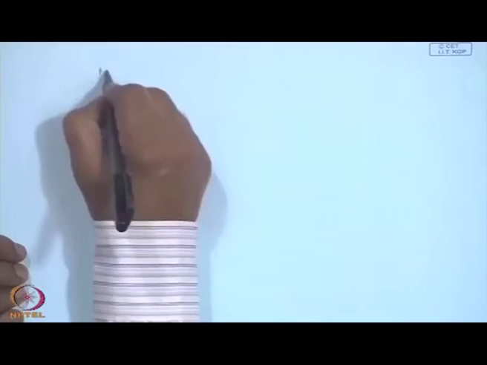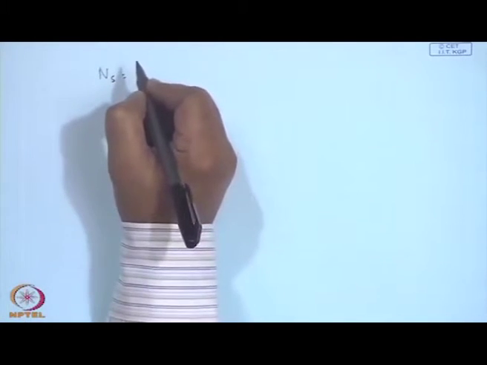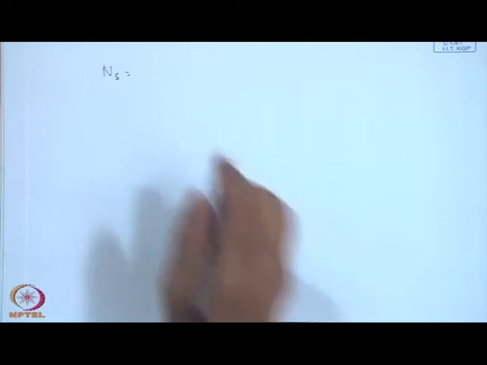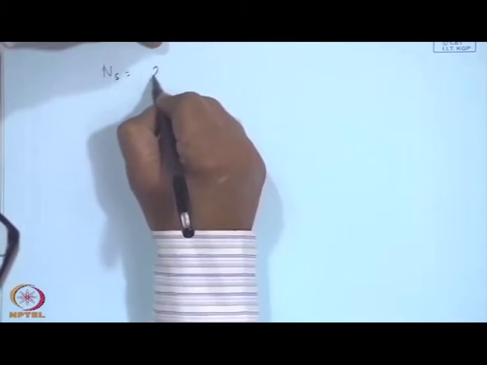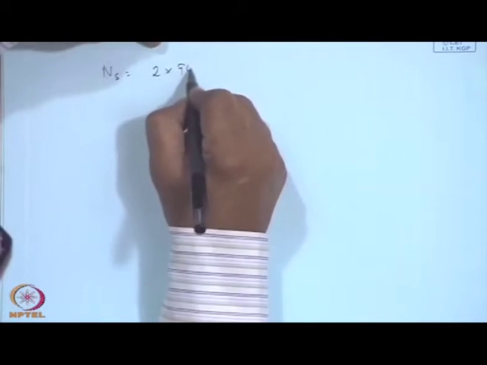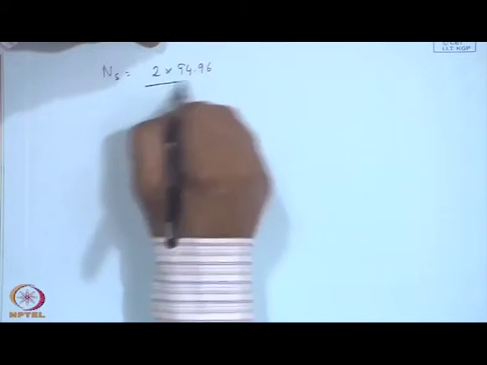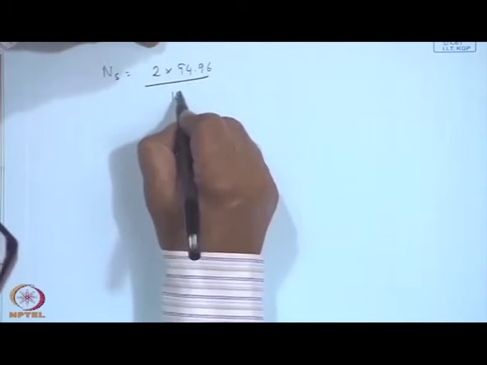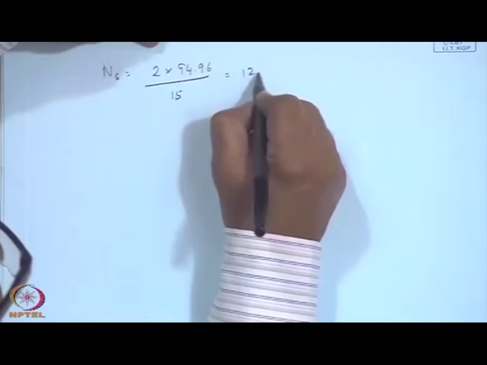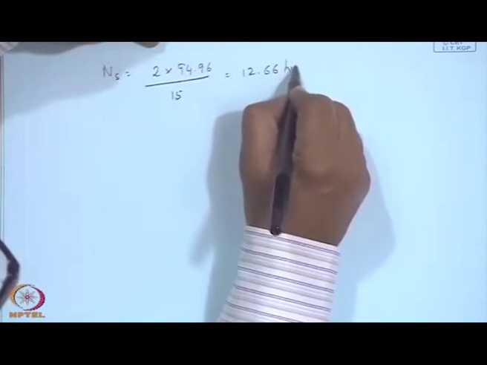So, you have N s, the number of sunshine hours, equal to twice 94.96 upon 15, which shall be 12.66 hours.